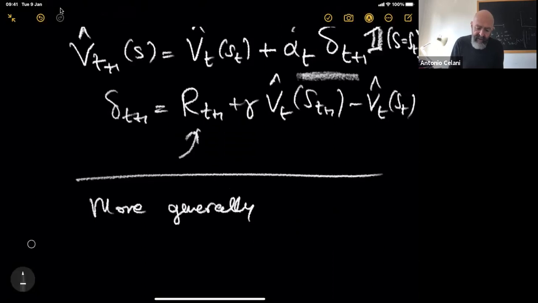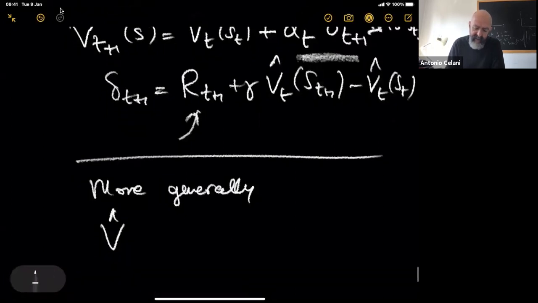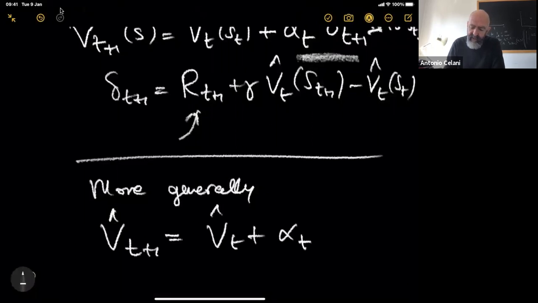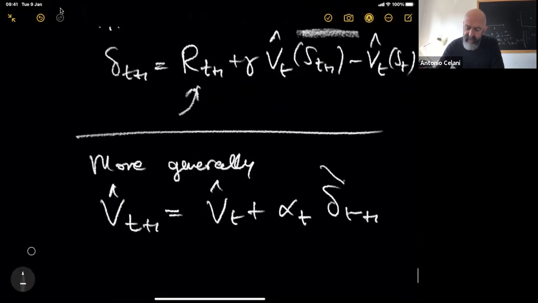you could write the update as follows. So as a vector, okay, so this is a more formal writing, not in component. You could write this, the new vector, the new approximation for the value function is the previous one plus the learning rate times the temporal difference error. This is always there. Okay, so this is always present. And now here you put something else.